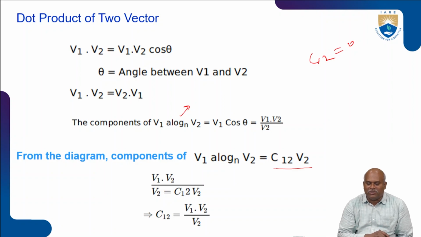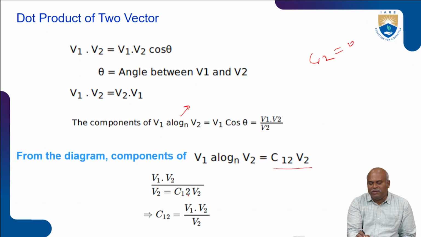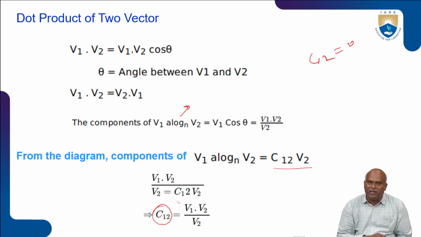Now we substitute this value into this portion. V1 dot V2 divided by V2 is equal to C12 V2. After the substitution, I take the magnitude value of C12 as equal to V1 dot V2 divided by V2.